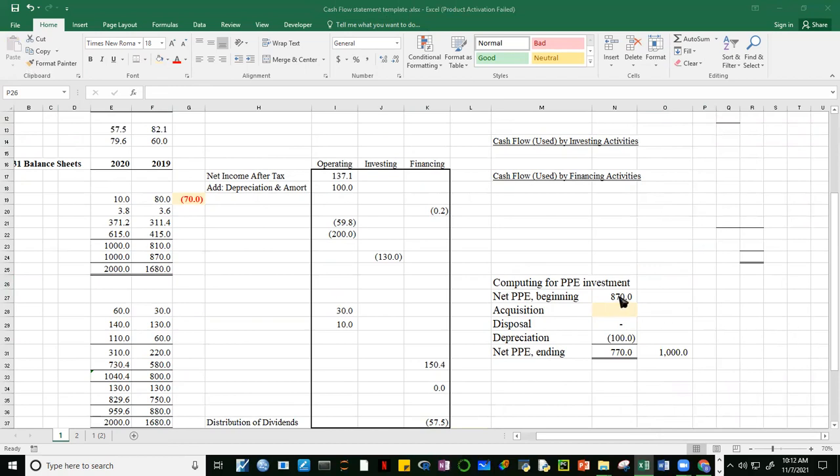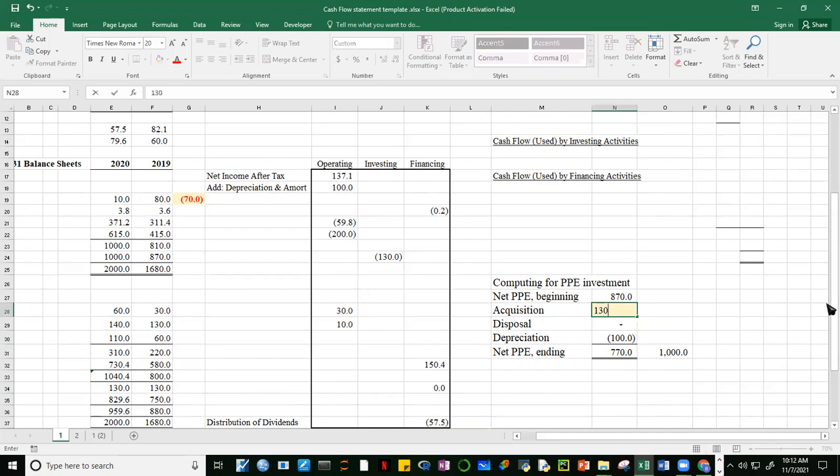So here we're starting with 870, plus your acquisition, less your disposal, which is 0, less your depreciation, in order to arrive at the net PPE. It turns out that your net PPE at this time is wrong because we don't have the acquisition cost here.